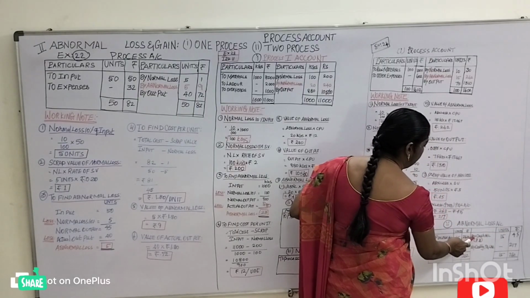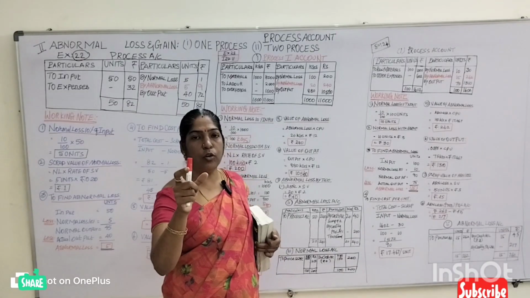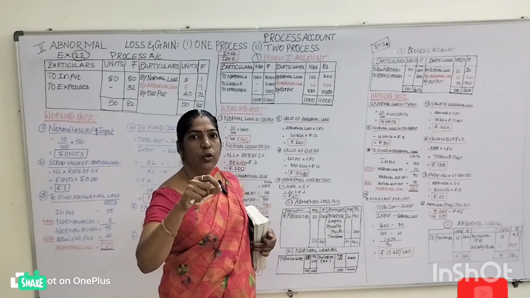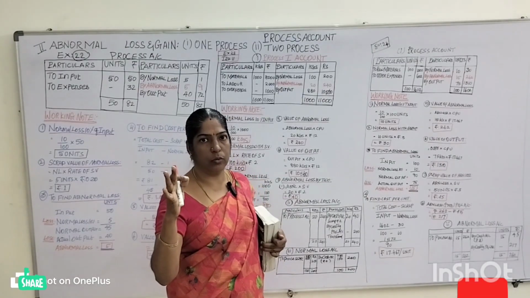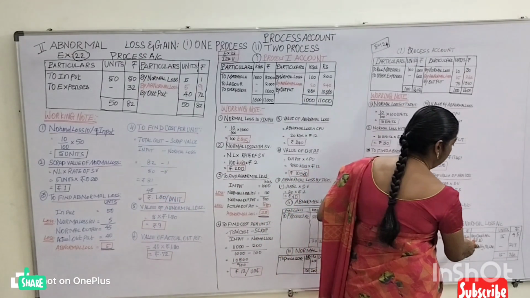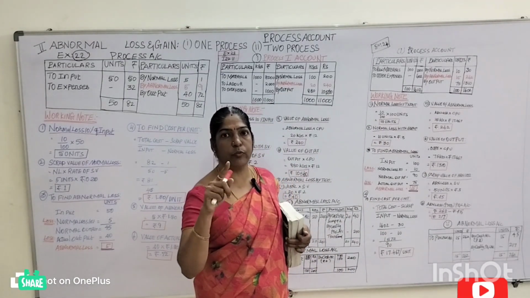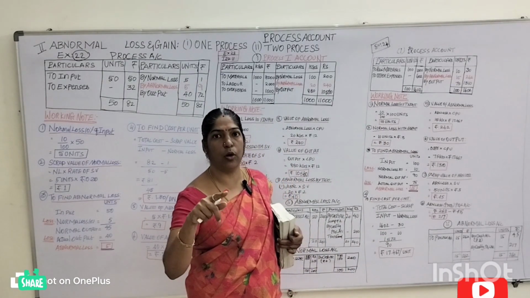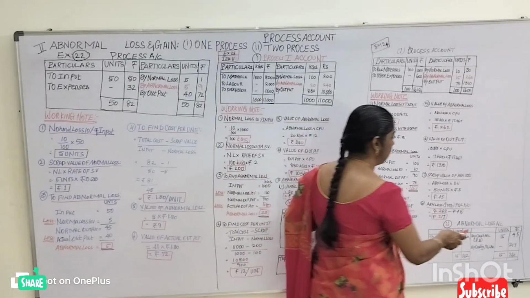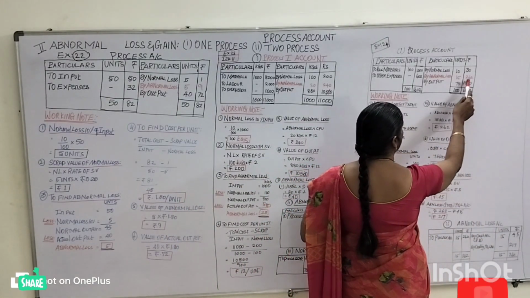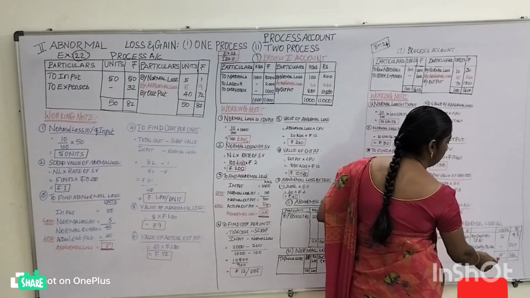Against this you write by cash account, which means the 15 units of abnormal loss are sold at the scrap value of 3 rupees. 3 into 15 gives 45 rupees. You sold that abnormal loss of 15 units for 45 rupees. Subtracting 45 from 262, you get 217 rupees.